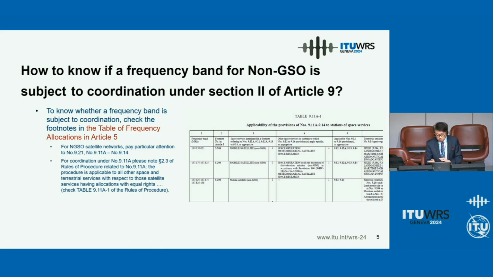You still have to refer to the table that I showed here, 9.11A-1 of the rules of procedure, which lists more details, because if one service is subject to 9.11A, then another service of equal rights will also be subject to 9.11A. So it is very important to check this.